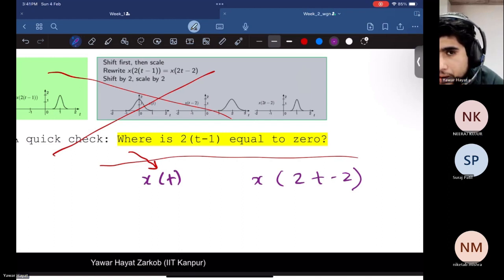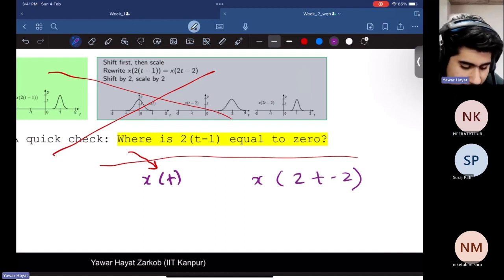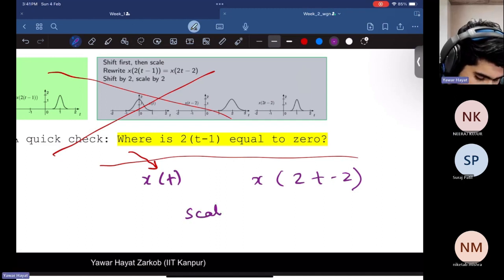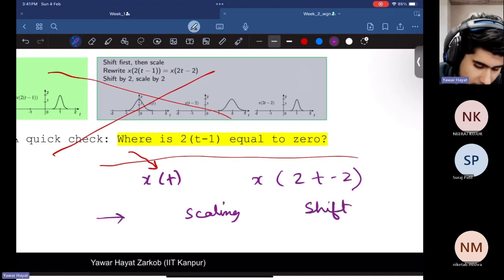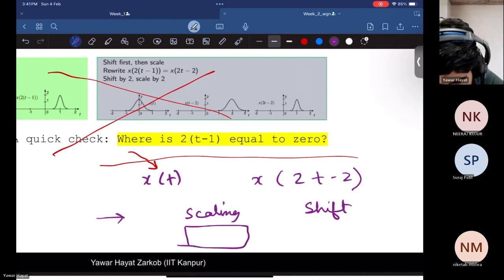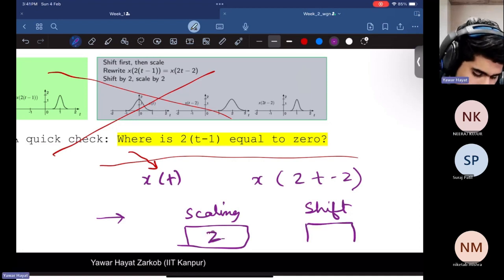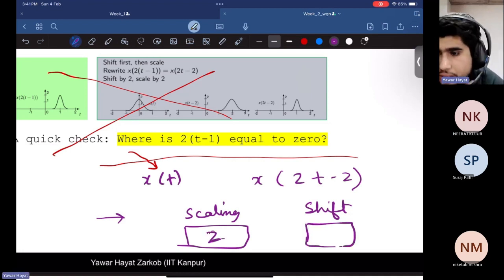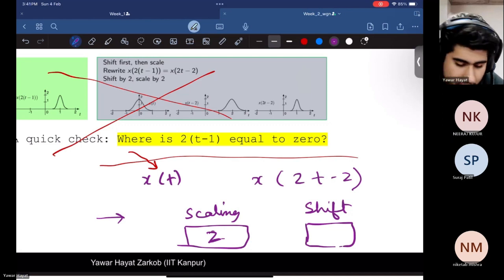What would be the scaling factor? So 2. And what would be the shift? So 2 to the right.